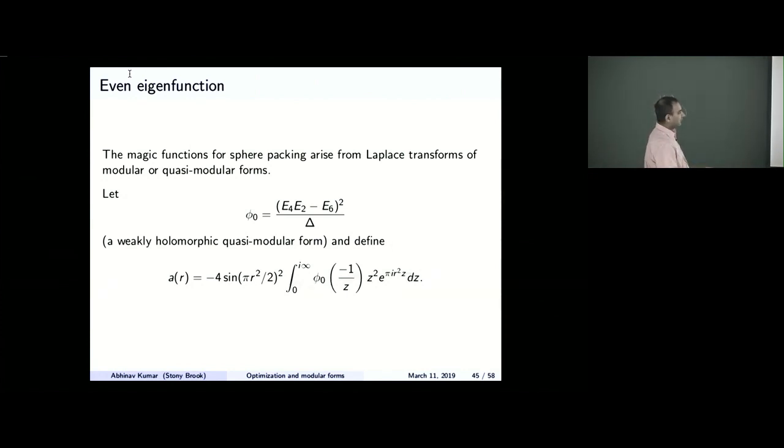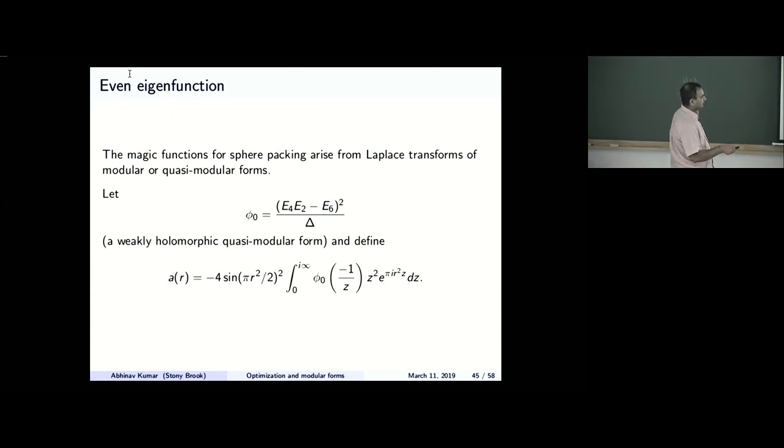The second thing you get from being modular is the Fourier transform. If you take a Fourier transform, e to the pi r squared z becomes, under the Fourier transform, z goes to minus 1 over z. And so there's a way to write this so that it doesn't have any 4 sine squared of pi r squared over 2. It's a combination of 3 integrals which just involve modular forms times e to the pi r squared z dz.